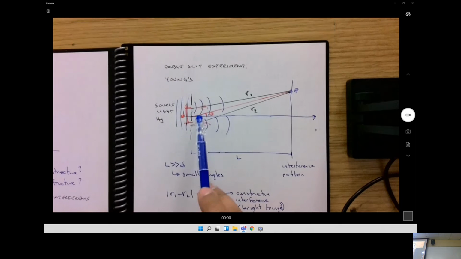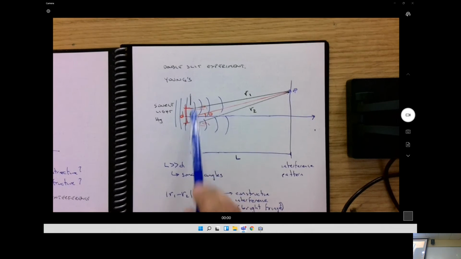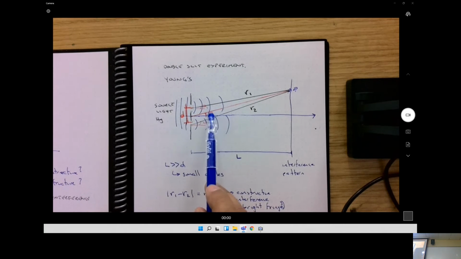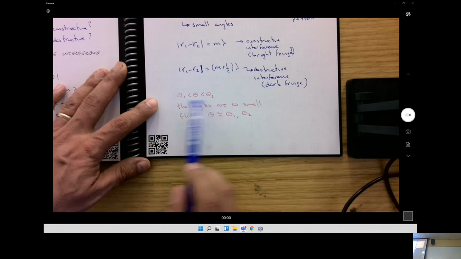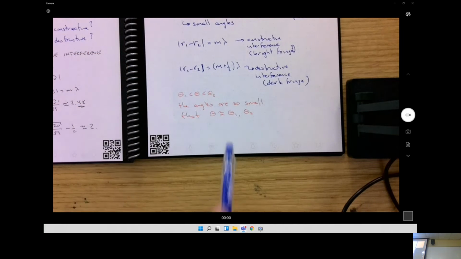So we are assuming that we have this middle path that is right in between the two apertures. It's making an angle theta with the optical axis. And because the angles are very small, we can assume that they are similar to each other.